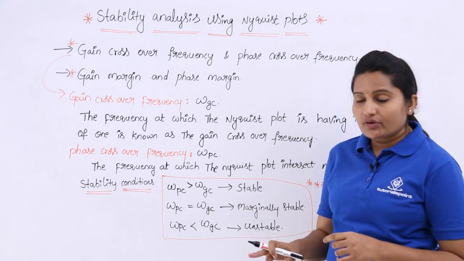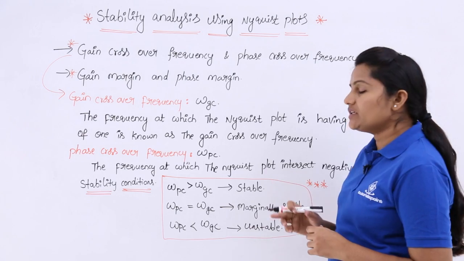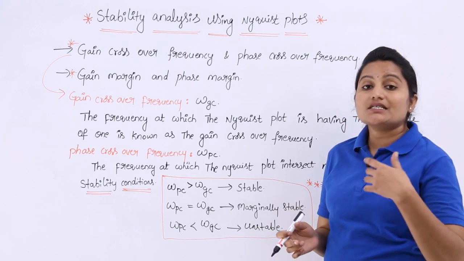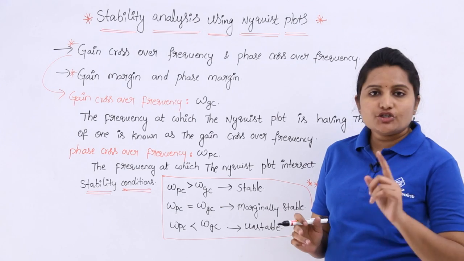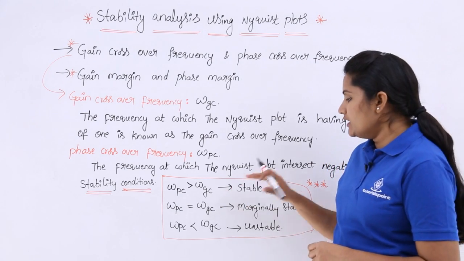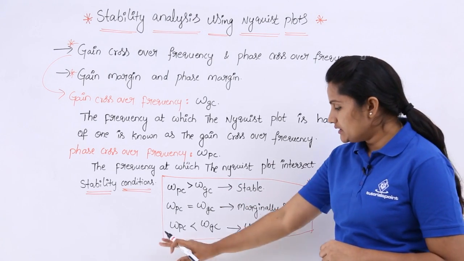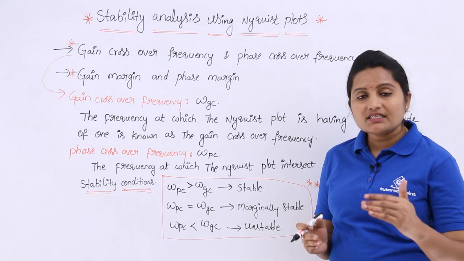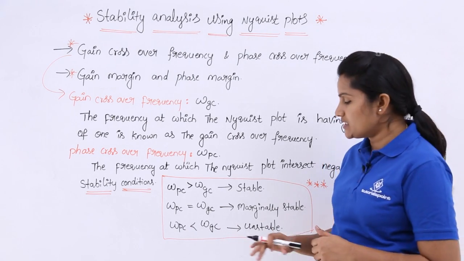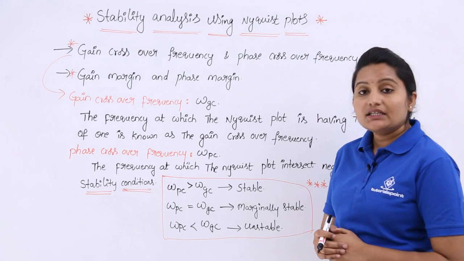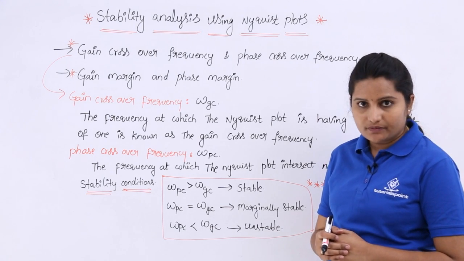If the phase crossover frequency, that means the intersecting frequency, is greater than the frequency at which the magnitude is 1, then the system is stable. The third condition is, if phase crossover frequency is less than gain crossover frequency, then the system is unstable.